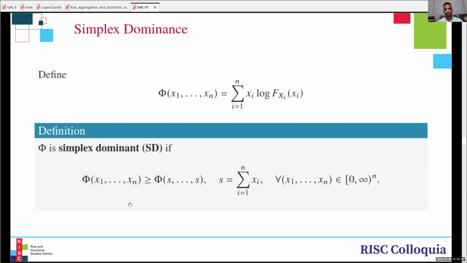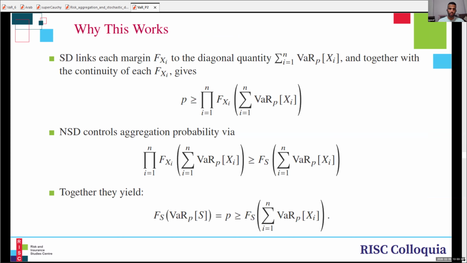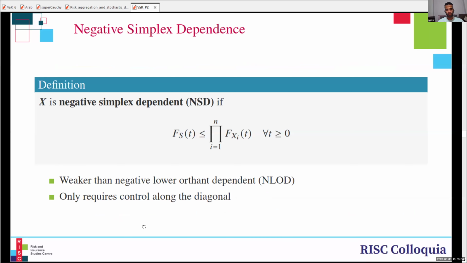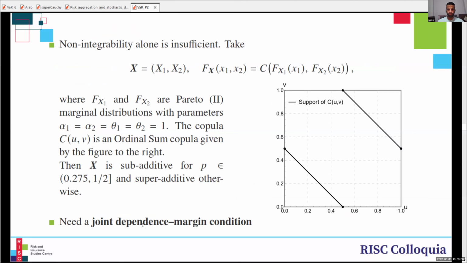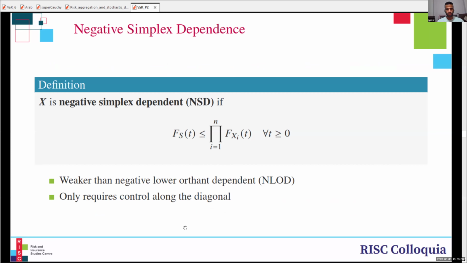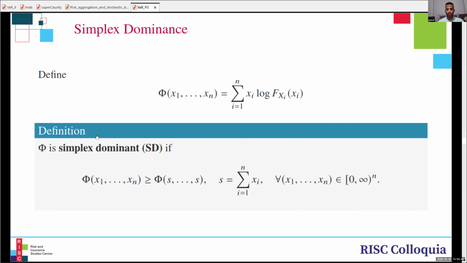And the second condition deals with the margins. So as we said, we need dependence and margins. We need the joint dependence and margin conditions. The first one deals with the dependence requirement. The second one deals with the margin requirements, and we call it the simplex dominance condition.